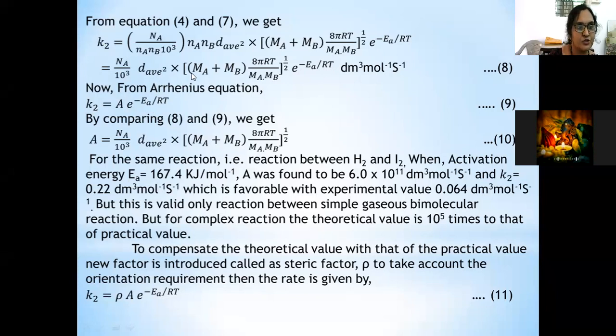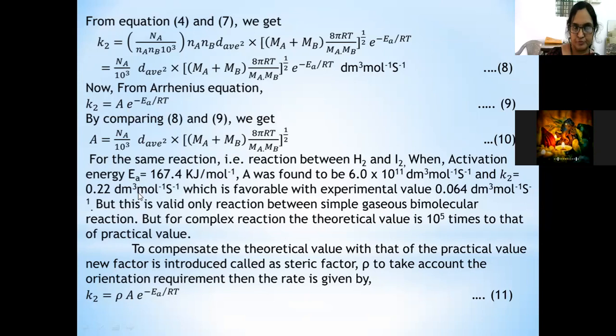So A is equal to this much. By comparing 8 and 9, we get A is equal to Na divided by 10 to the power 3 D average square into Ma plus Mb, 8 pi RT divided by Ma into Mb, raised to power 1 by 2.